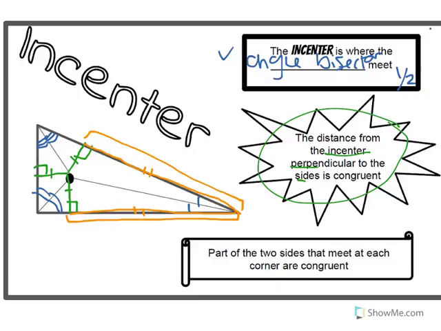Next, the same thing's happening at each corner, at each angle. So from here to here is congruent.